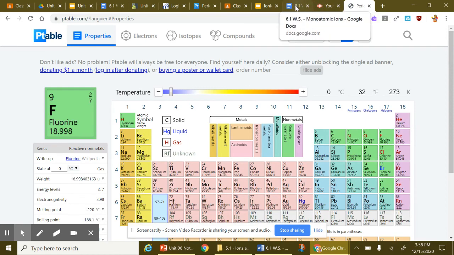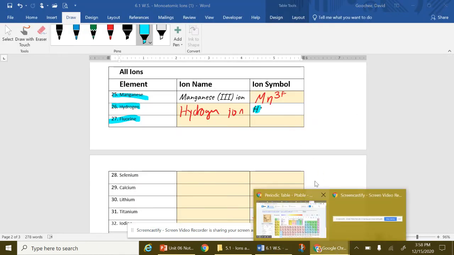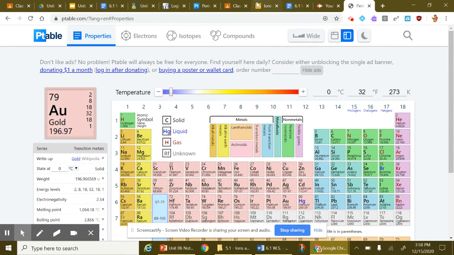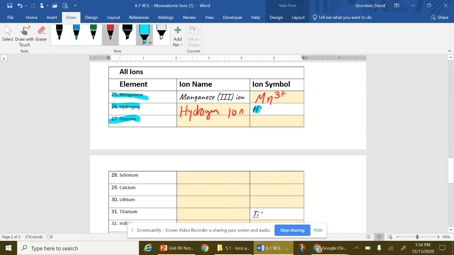So it's going to be negative. How negative? Well, according to my notes, fluorine forms a -1 charge. So this is fluoride, and it has an F minus charge.